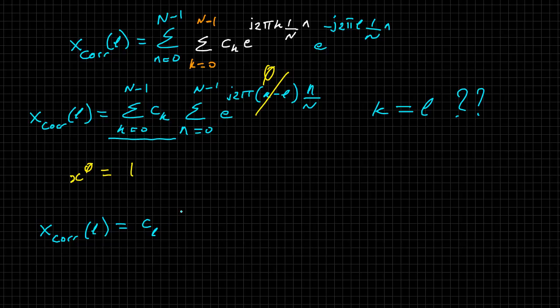And then the next summation is from n equals 0 to capital N minus 1, which is the fundamental period. And of course, e to the power of 0 is going to be 1. So we're going to sum all ones. So the final answer is CL times capital N. And that's what X car will equal.